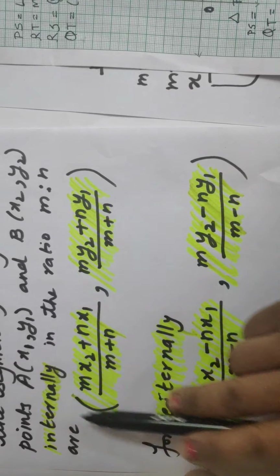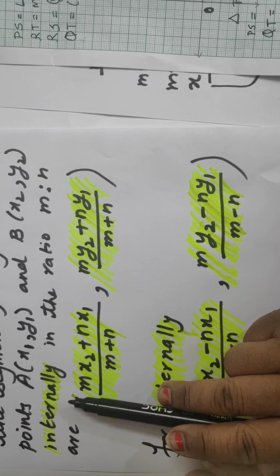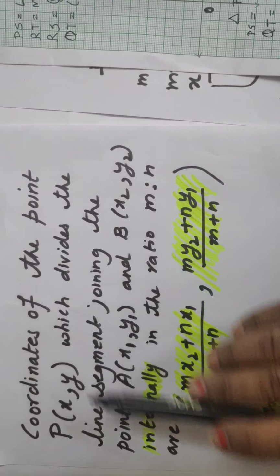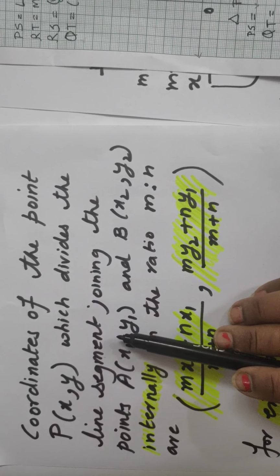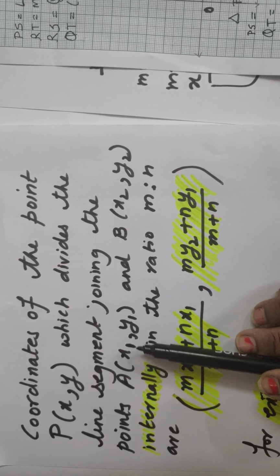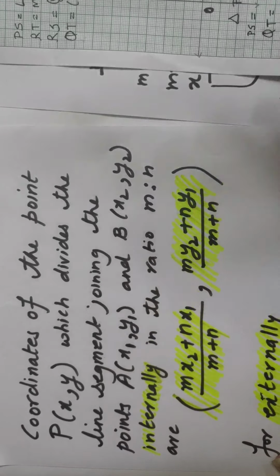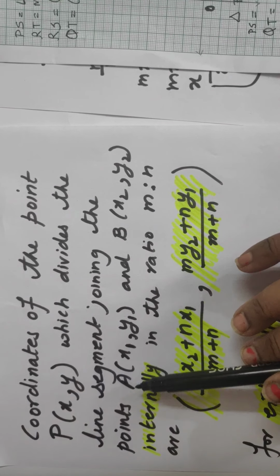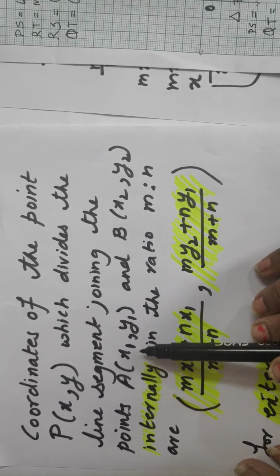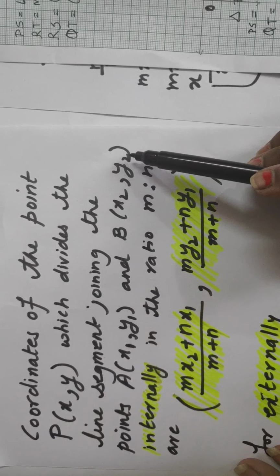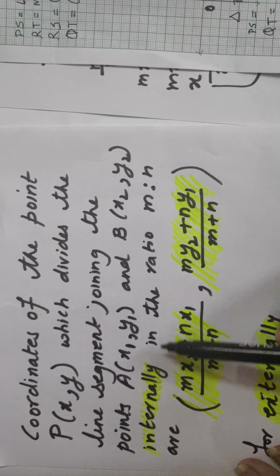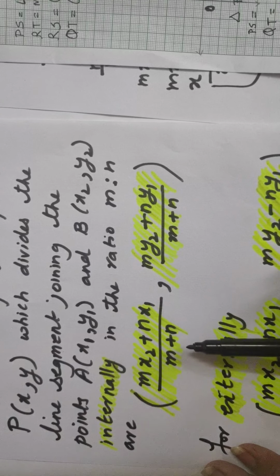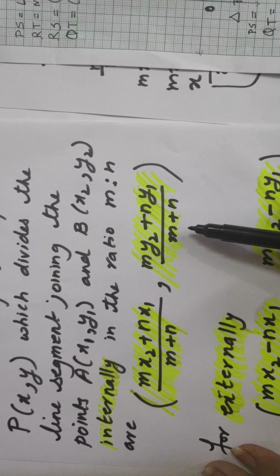Here we will use this section formula for when the point is given internally. The coordinates of the point P(x, y), which divides the line segment joining the points A(x1, y1) and B(x2, y2) internally in the ratio m is to n, will be (mx2 plus nx1) upon (m plus n), (my2 plus ny1) upon (m plus n).